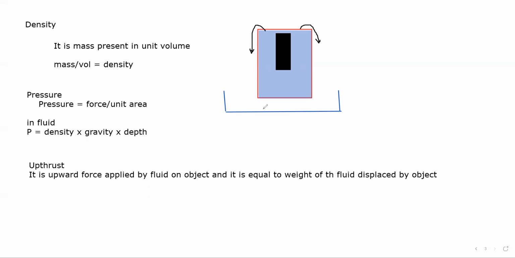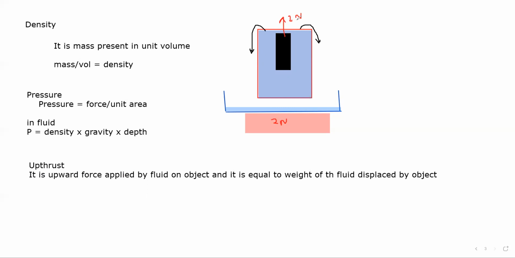If the amount of liquid displaced by the object is placed on the balance and the balance is showing 2 Newton, what will be the upthrust? The upthrust, the upward force, will be 2 Newton.